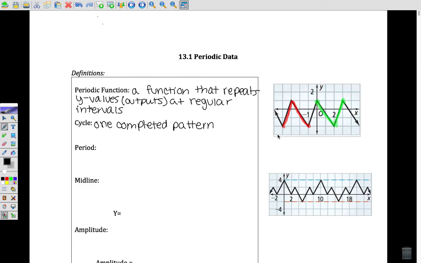This is also an example of one cycle. So how we measure a cycle is with its horizontal distance. From the start to the end of a cycle, we call that a period. So the period is just the horizontal length, or the distance along the x-axis, of one cycle. Horizontal just means along the x-axis.